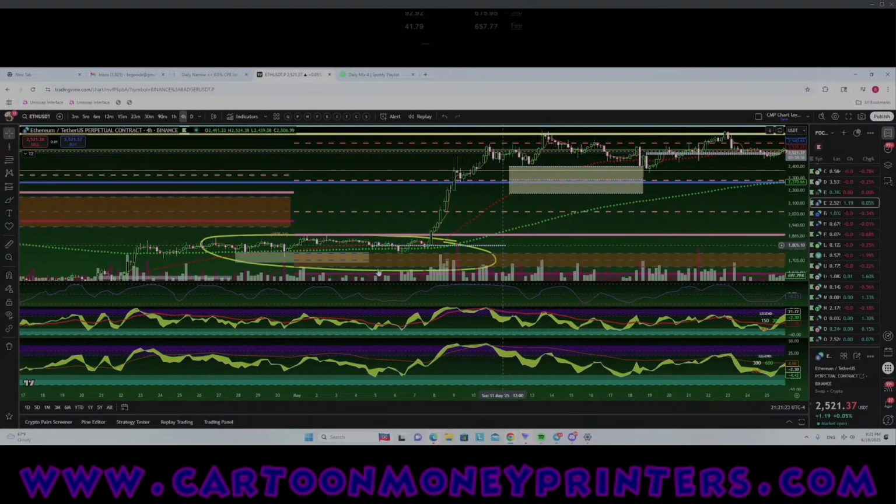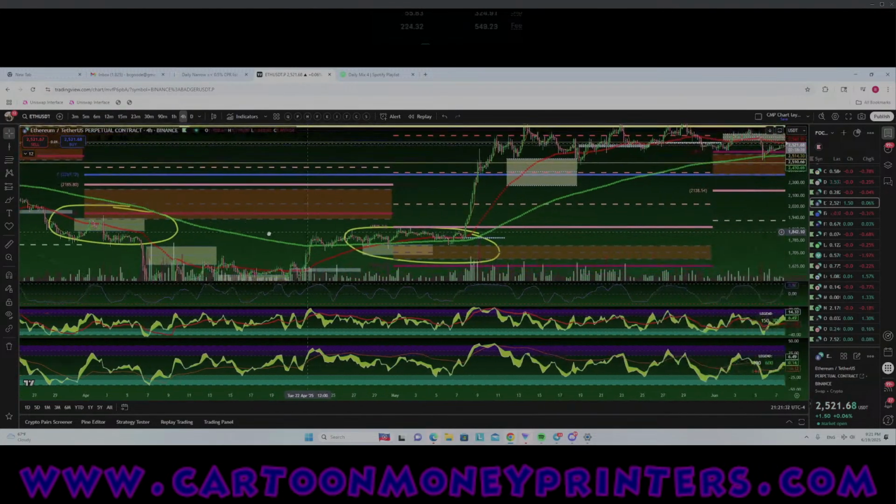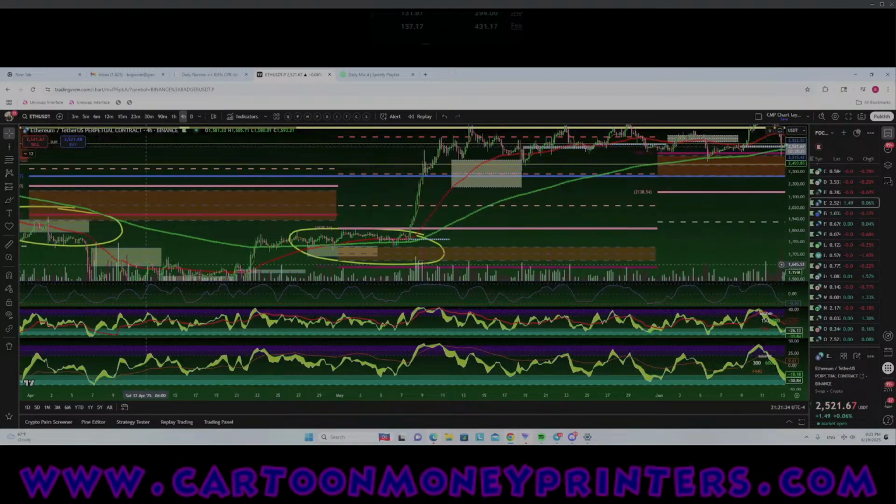Okay, here, this is a really good one. All right, so now you're getting change in market structure. You've taken out a few of the highs, so you got break in structure. I mean, we still are on the 4 hour, so you got a bunch of break in structures here.